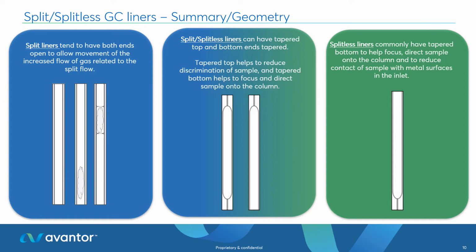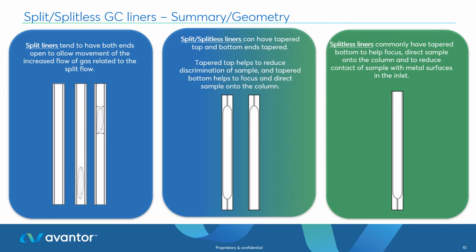If we're looking at a split liner, it would typically be a tube of deactivated glass of some description that would allow for movement of the increased gas flow, because we're removing some of the gas. We don't want to cause restrictions. It is feasible to add glass wool, and we'll go through why that is important later in the presentation.